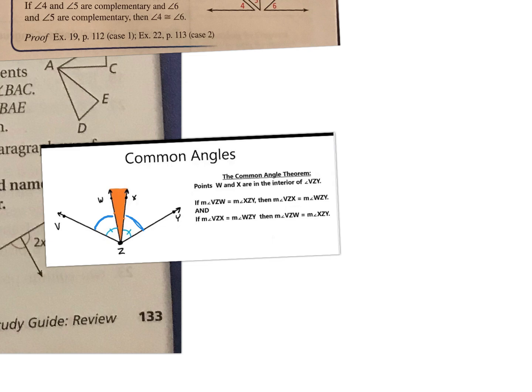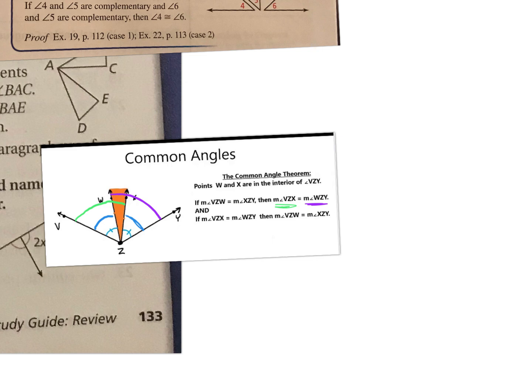Then the measure of angle, I'll color code this with green, the measure of angle VZX, that's this guy, has to be equal to the measure, this purple, measure of angle WZY. So that's this. So let me say that again. If these two blue guys are equal, then this green guy and the purple guy have to also be equal.